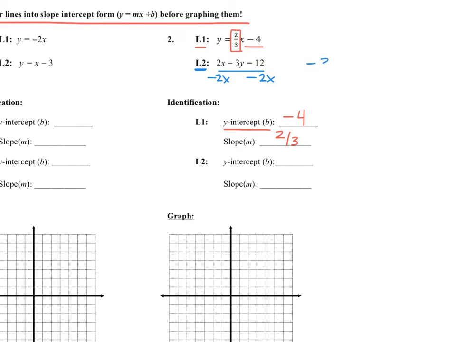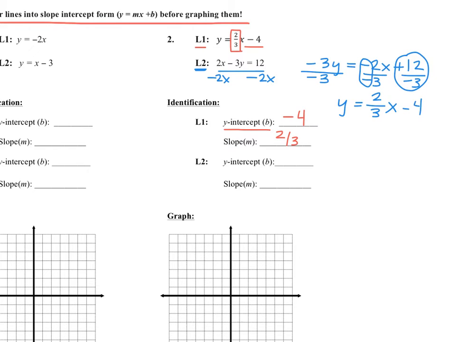So we have -3y equals -2x plus 12. Then we're going to divide by -3 everywhere. So I get y equals, a negative divided by a negative is a positive, so 2/3 x, and then this is -4. Okay, well from that, my y-intercept is -4, and my slope is 2/3.